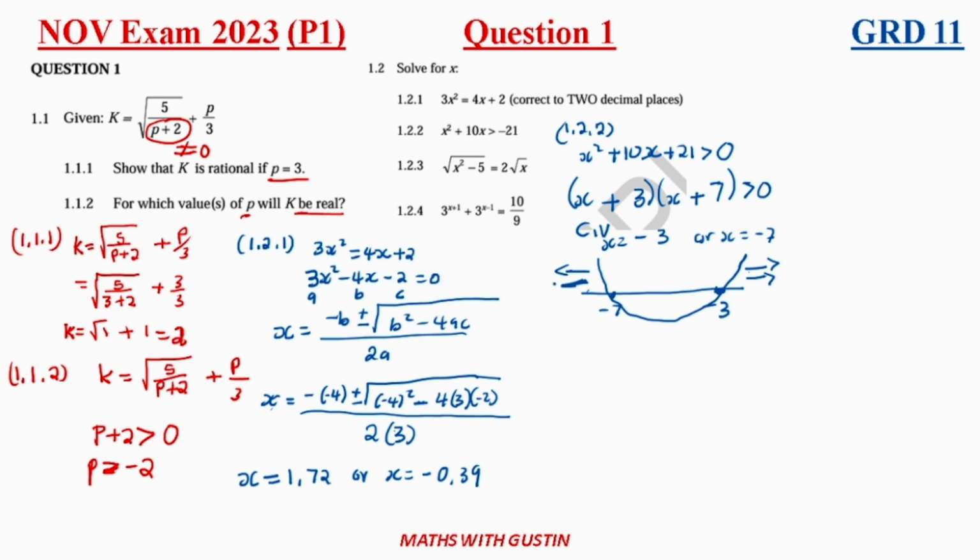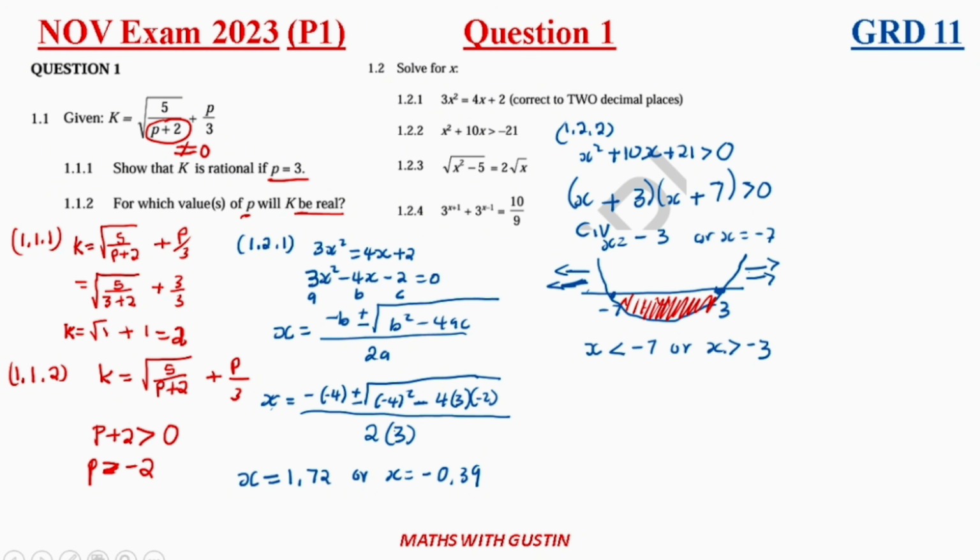If it was less than, it means our values would lie somewhere here. But in this case they are greater than, therefore that's where they are going to be lying. So our x needs to be values that are less than negative 7, or values that are greater than negative 3.